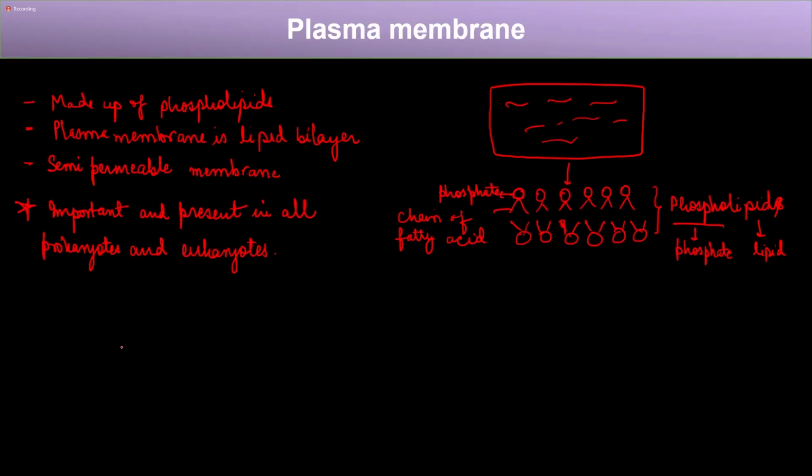Now, one more thing that you should know is that the plasma membrane consists of this lipid bilayer of phospholipids. How are these lipids attached to each other, or how do they form such a compact structure? What forces are used here?